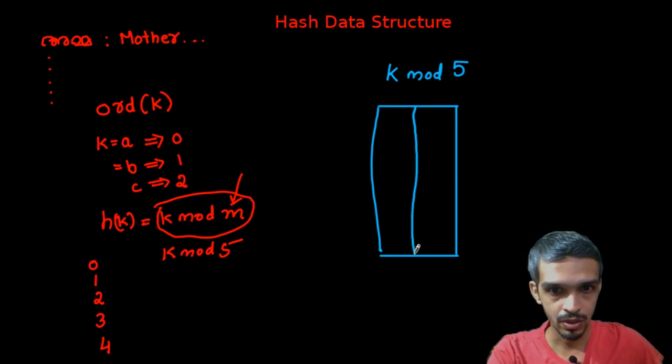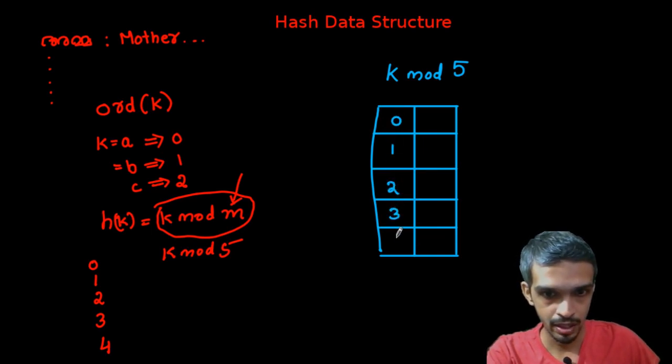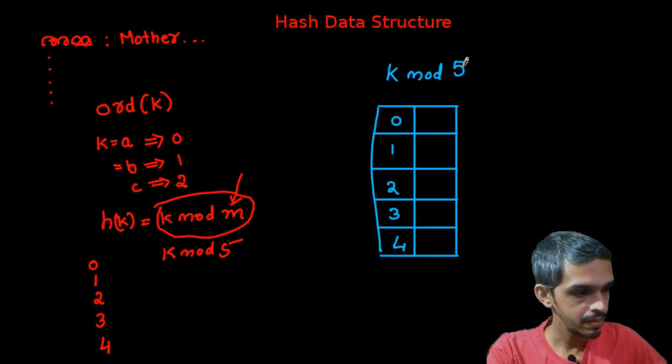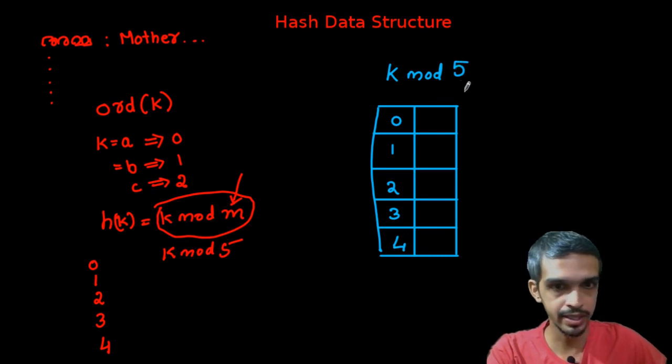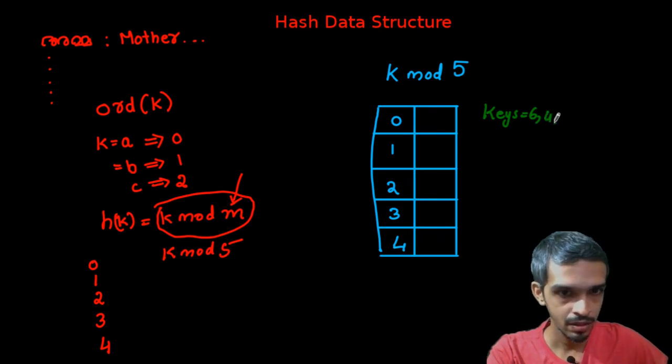It has got two fields, one is index and the other is key, with indices 0, 1, 2, 3 and 4. So assume that our keys are 6, 4, 5, 3, 18, 10.